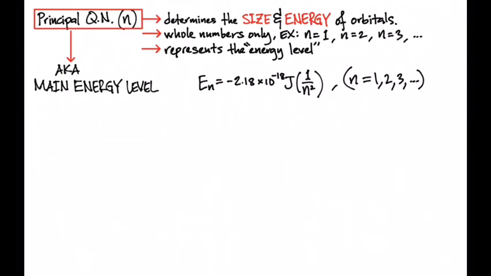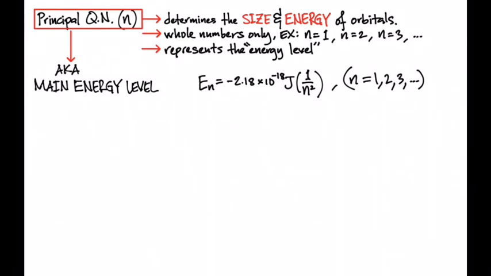And these energy levels, of course, have specific energy, and you can calculate the energy of that energy level using this equation shown here. So E sub n, the energy at a specific energy level, is equivalent to negative 2.18 times 10 to the negative 18 joules times 1 over n squared, where n, of course, is the main energy level, or the principal quantum number.